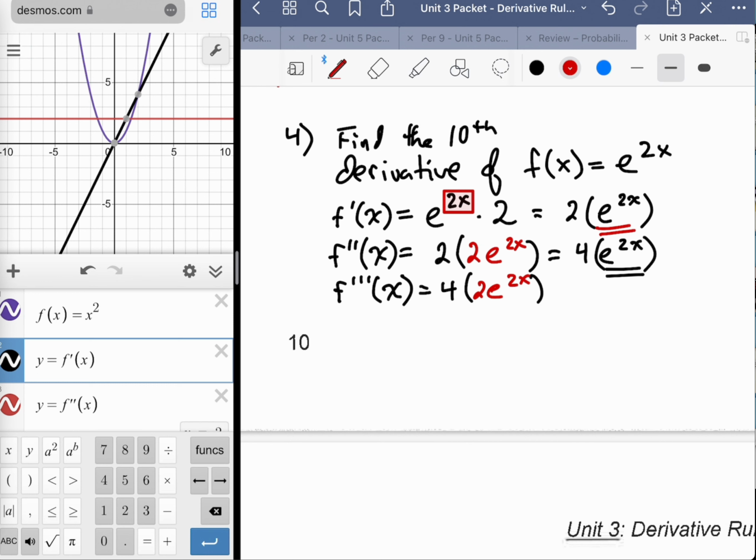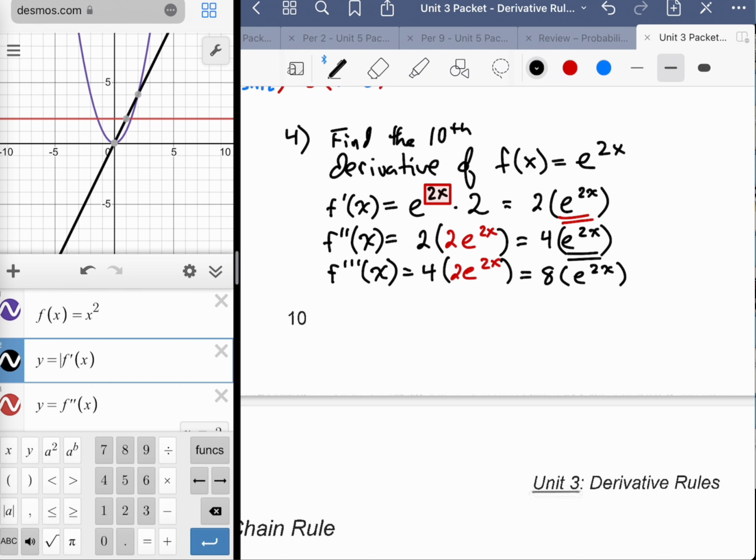If you never see the pattern, you may have to do it 10 times, but hopefully not, because here we're looking at powers of 2 as a coefficient depending on the derivative. If we write this using powers of 2, I could look at this as 2 to the first e to the 2x, 2 to the second e to the 2x, 2 to the third e to the 2x.